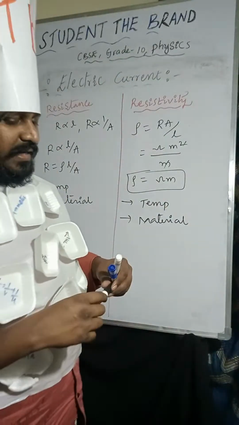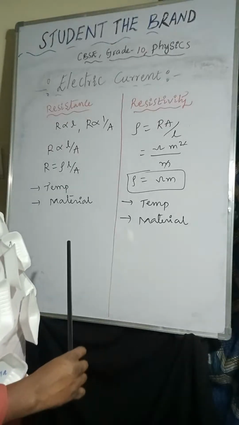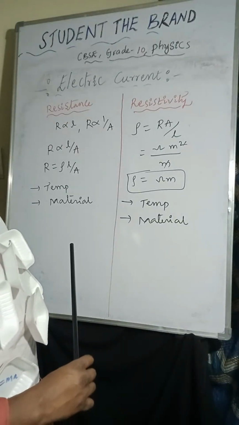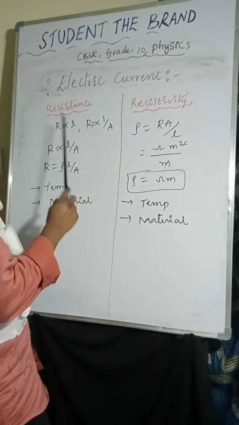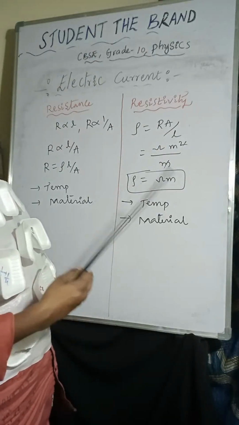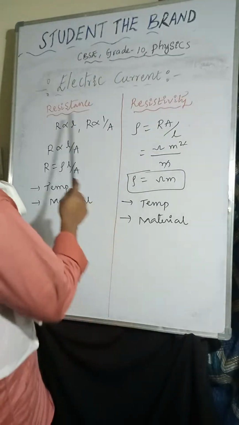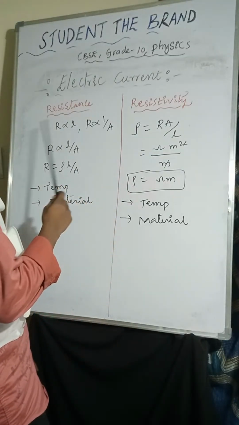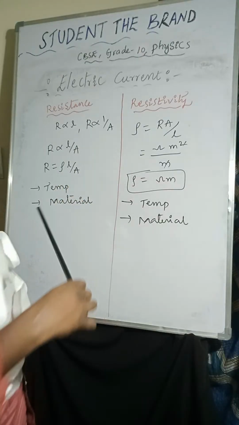I hope it is very clear. Once again, resistance is the phenomenon of opposing the electric current. Resistance is directly proportional to the length of the conductor and inversely proportional to the area of cross section.